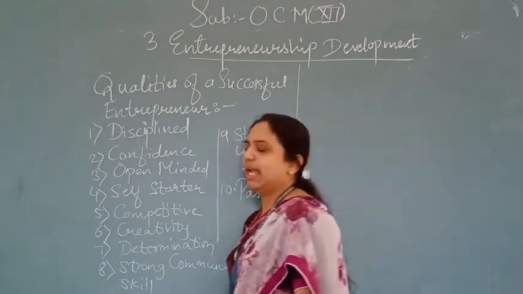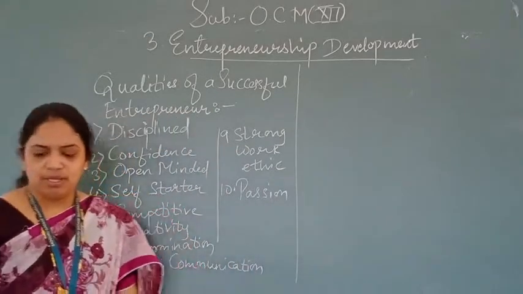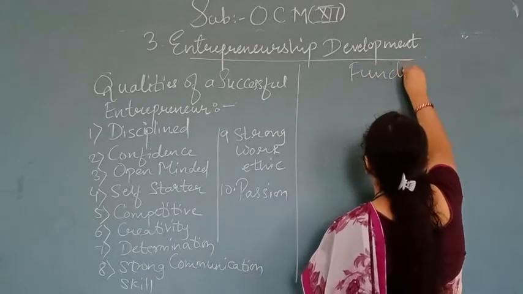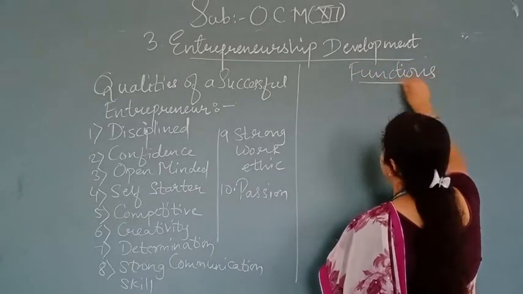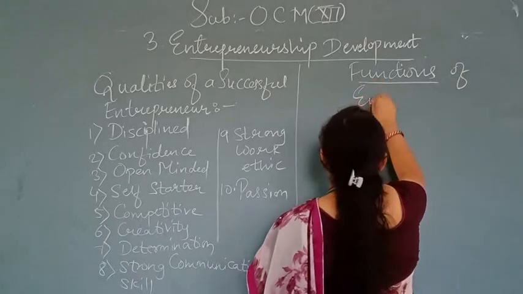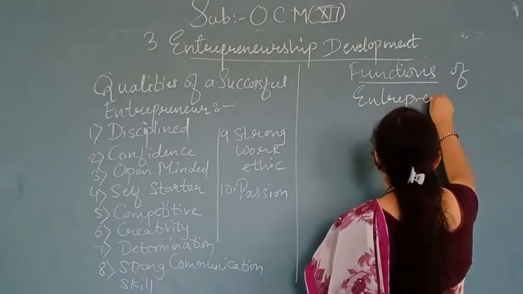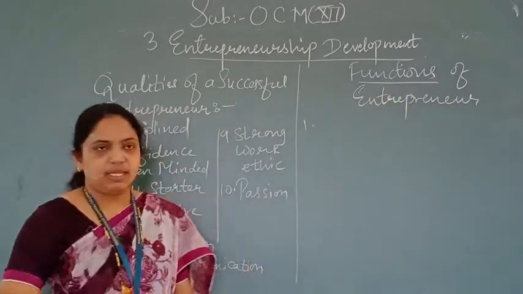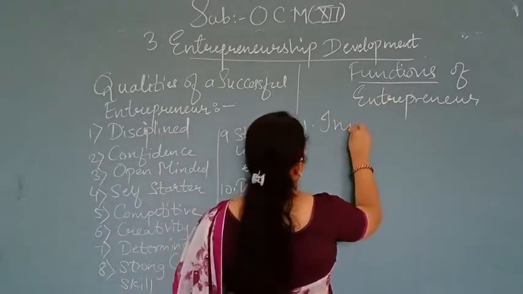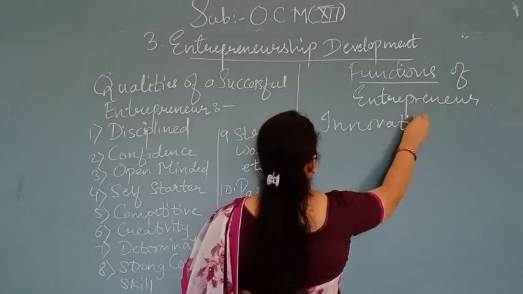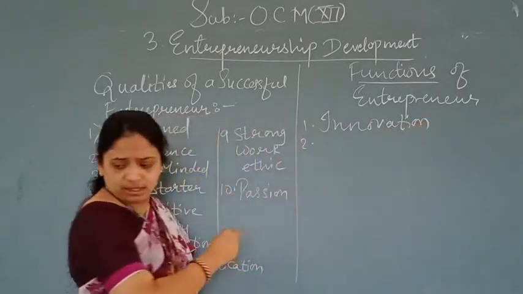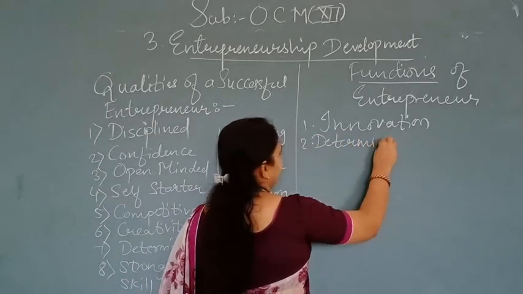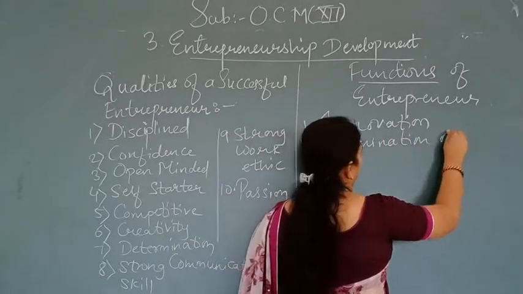Okay. Let's move on ahead. The next one which we will see now is the functions of an entrepreneur. Let's see further functions of an entrepreneur. Seven entrepreneur functions are given. Number 1 is innovation. You all know very well that an entrepreneur should be an innovator, should be a creator. Number 2 is determination of objectives.